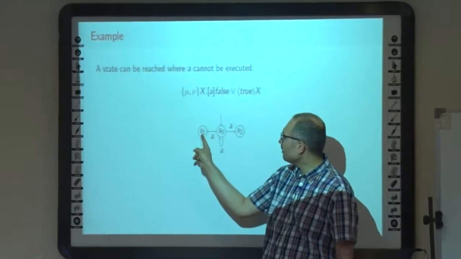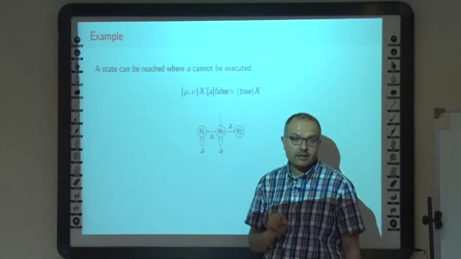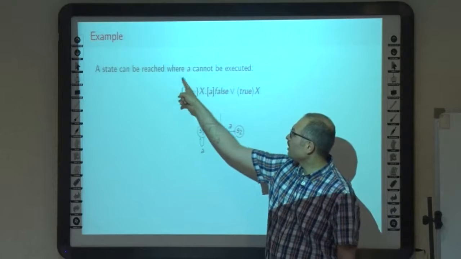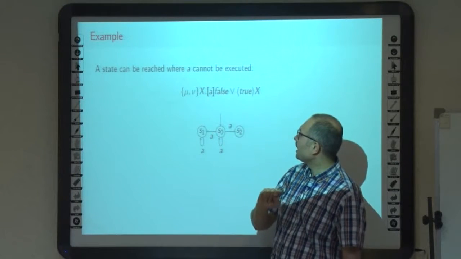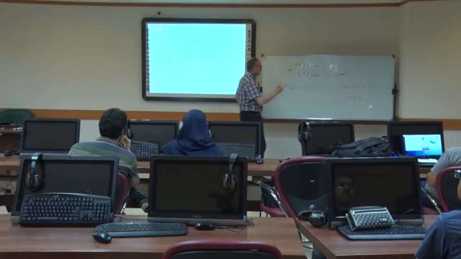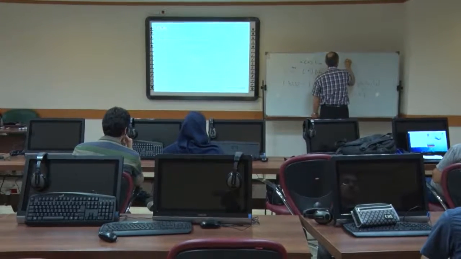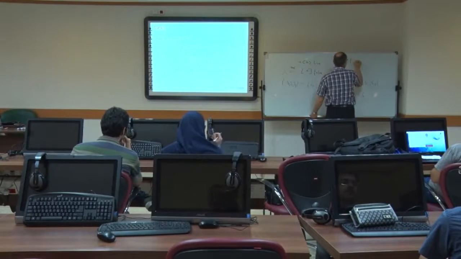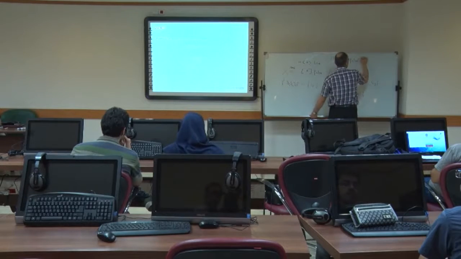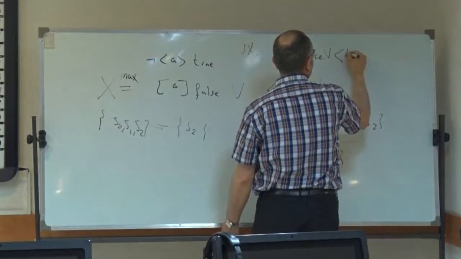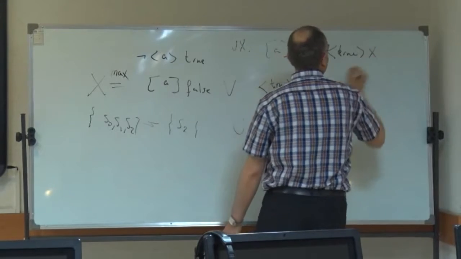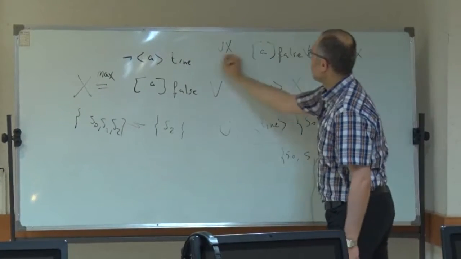S1, no matter how it evolves, can never avoid doing an A. While this formula requires that we should reach a state where A cannot be executed. So, in particular, new x dot diamond A false, or true x, is not the formula we want to specify.